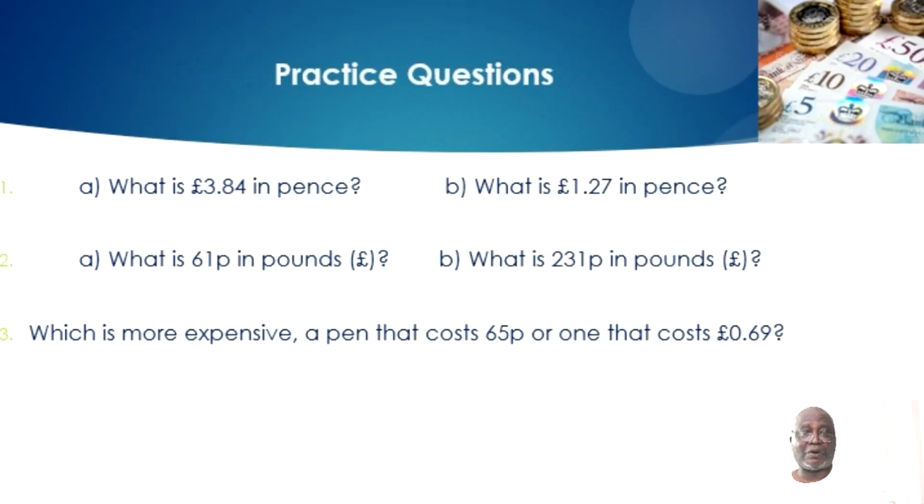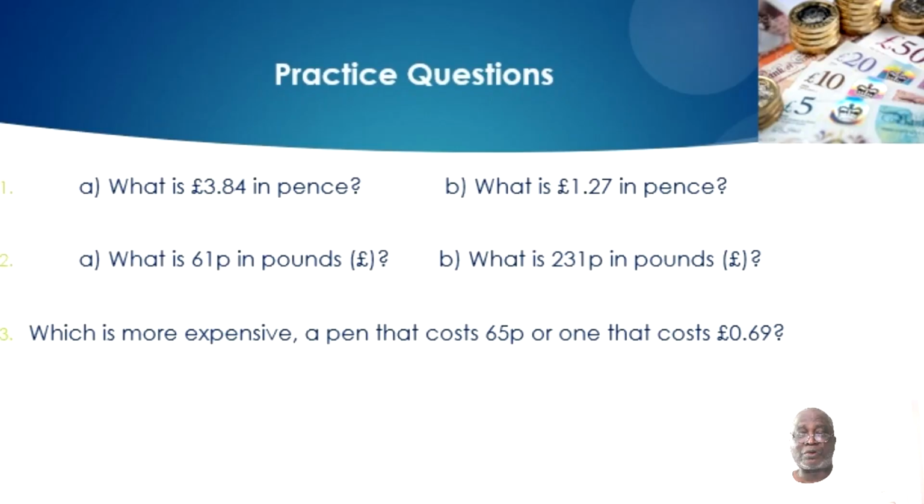Here are some practice questions. 3 practice questions. Questions 1 and 2 are divided into A and B, and then question 3 is like a problem question which you'll find on the exam. Point of warning, read your questions carefully and understand what they say. Question 1A: what is £3.84 in pence?